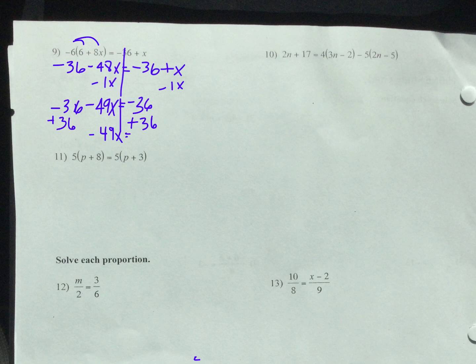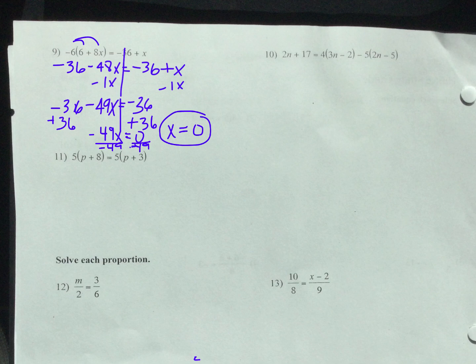Negative 36 plus 36 is 0. But I still have an x, so it's not no solution. Because then I'm just going to divide by negative 49. 0 divided by negative 49 is 0. 0 is a perfectly logical answer for a problem.